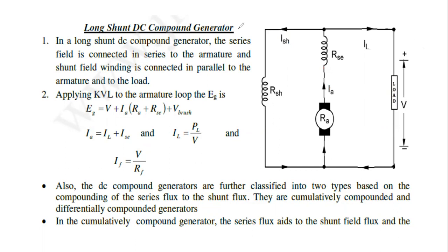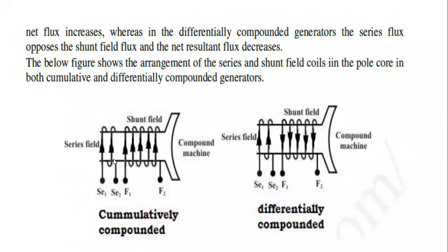Next, we have another two types of compound generator, depending upon the winding connection. The compound generator is divided into two types: cumulatively compound generator and differential compound generator. In the cumulatively compound generator, this is the shunt field winding.